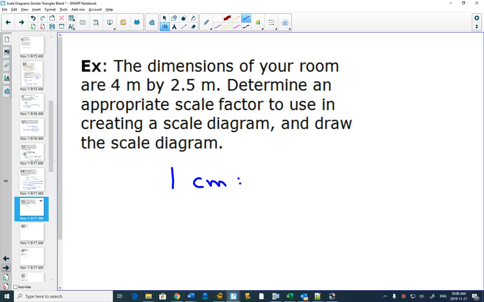So sometimes with something like this, you start off with what you think is the easiest. Let's make 1 centimeter equal to 1 meter.